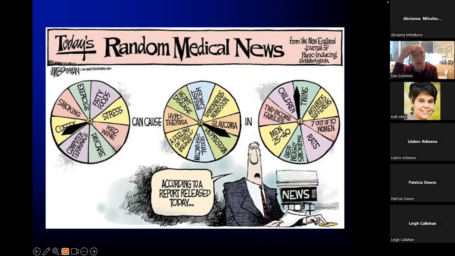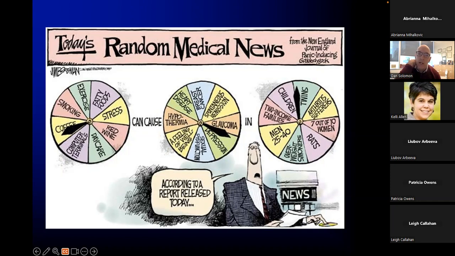You spin the dials and you see that one exposure can cause an outcome in a certain group of people. And it seems like, from day to day, week to week, month to month, these associations are always being discussed in the lay press.